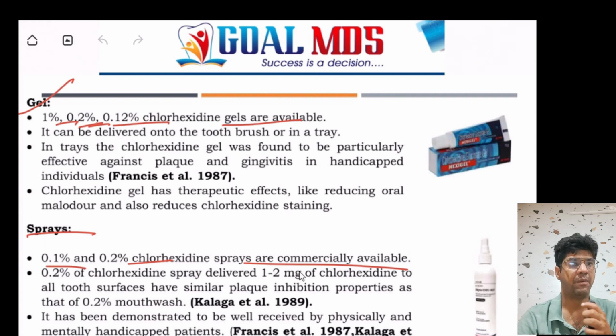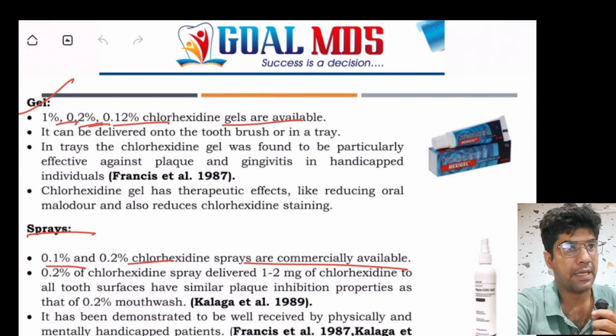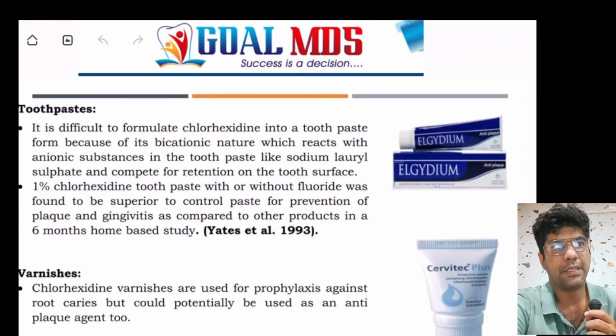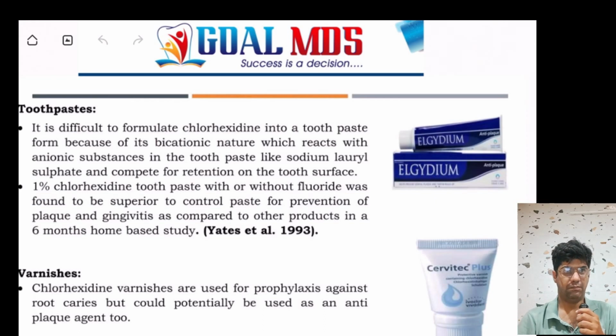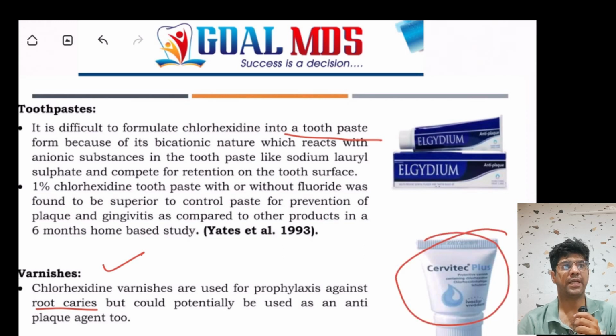Available in the form of spray as 0.1 and 0.2%. It is also available as a formulation into toothpaste. And varnishes. Chlorhexidine varnishes are used for prophylaxis against the root caries.